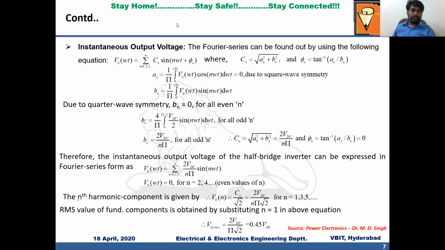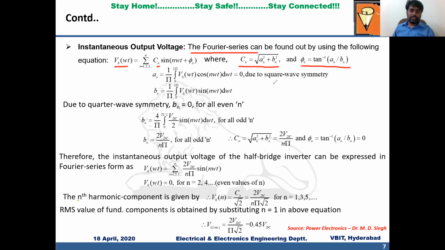Okay, so for this waveform, you can calculate the instantaneous output voltage. The Fourier series you can write for the waveform is V naught of omega t equal to the summation n equal to 1, 2, 3, 4, 5, 6 up to infinity Cn sin(n omega t plus phi n), where Cn equals under root an square plus bn square, and phi n is the angle, tan inverse an by bn.